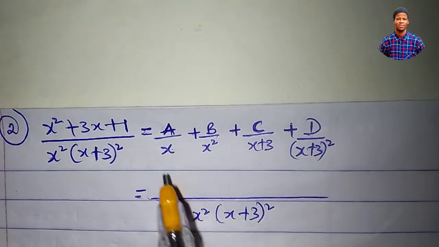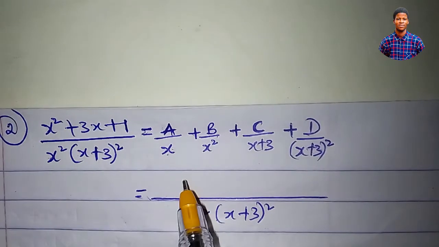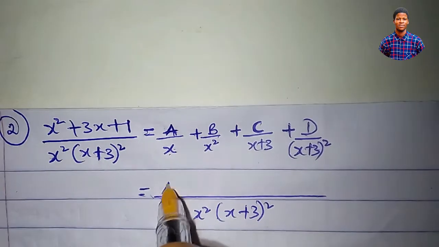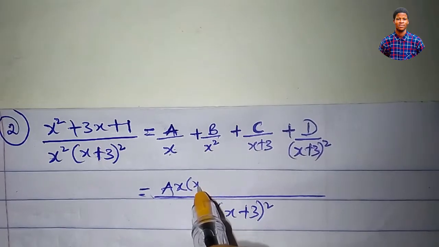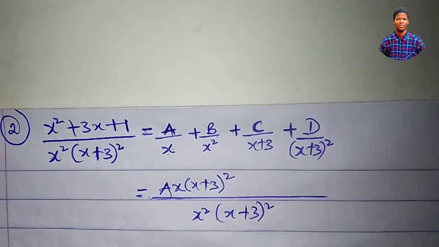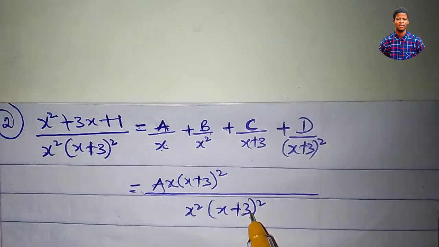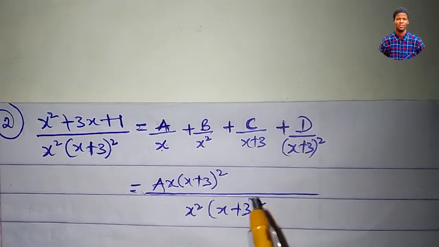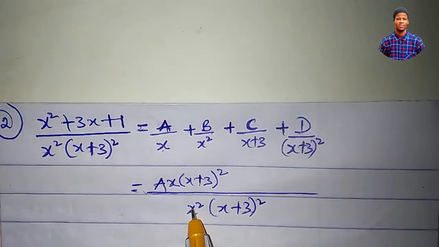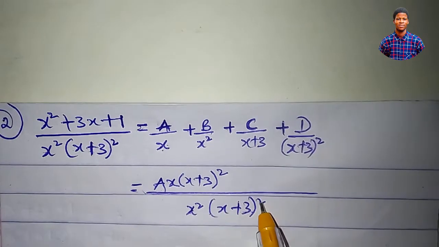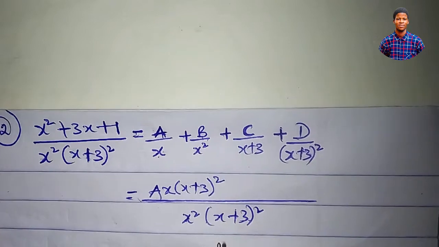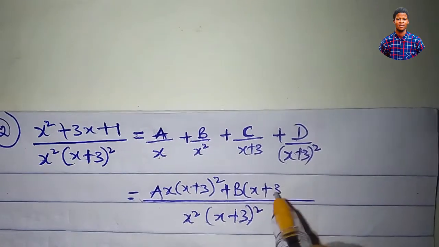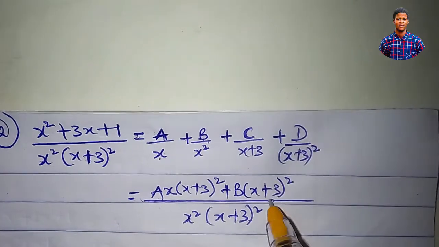So this divided by x is x times (x plus 3) squared times a. That will be ax(x plus 3) squared. Again, divided by x squared, it is (x plus 3) squared. The x squared will cancel this. So we have (x plus 3) squared times b. That is b(x plus 3) squared.